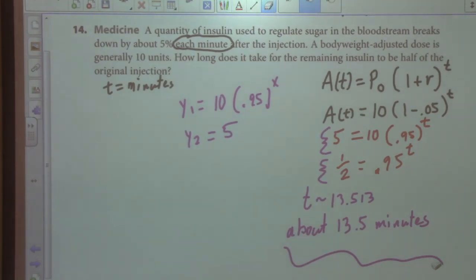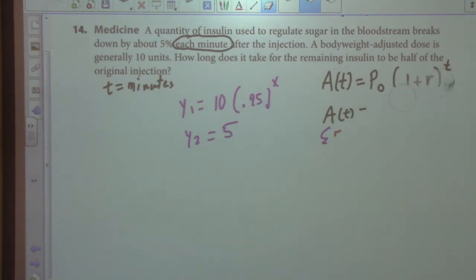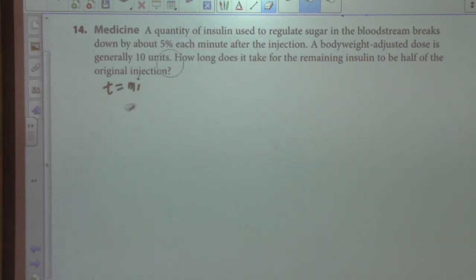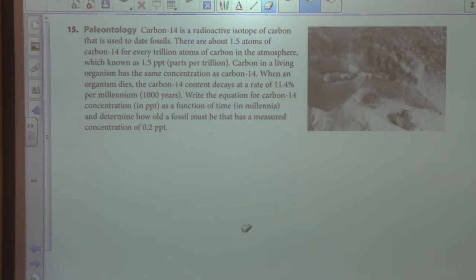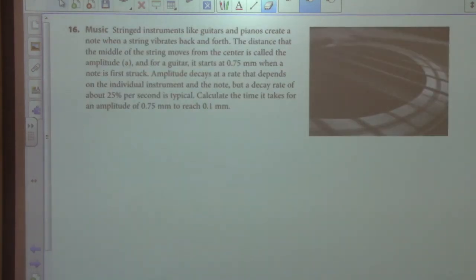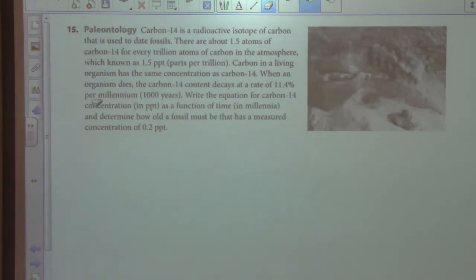Now really, if you look at problems 15 and 16, they're pretty similar to 14, so I want you to go ahead and look at problem 15. And I think 16 is similar too. So 15 and 16. I'll call on somebody here in 3 minutes.